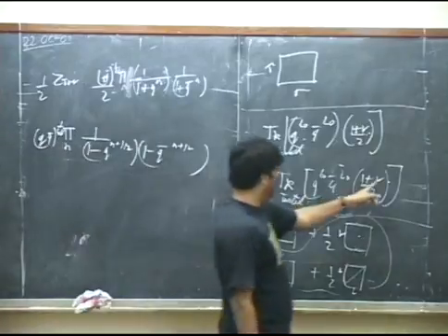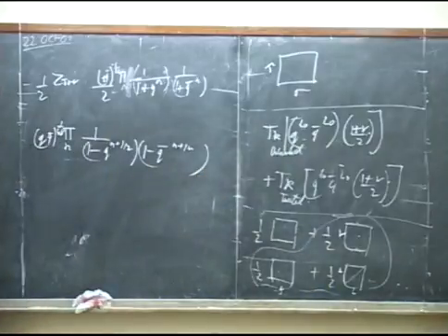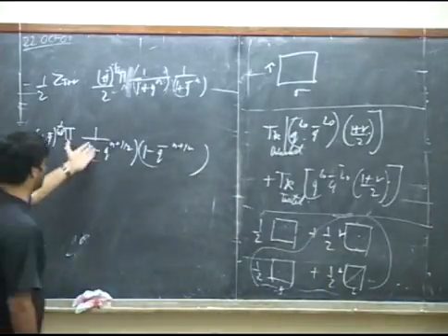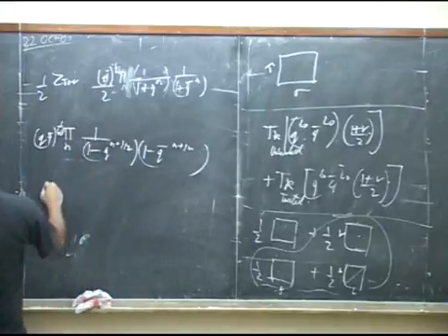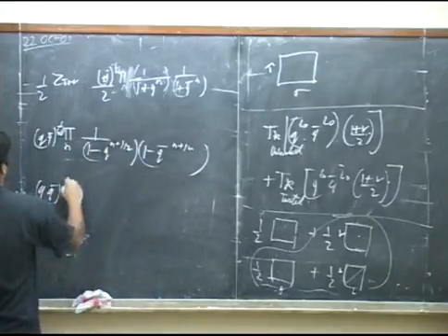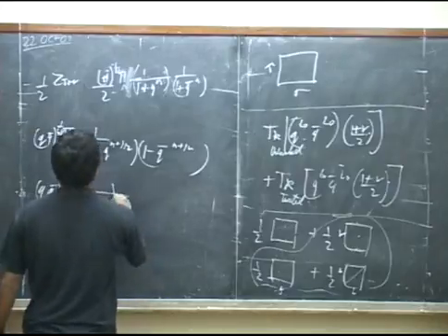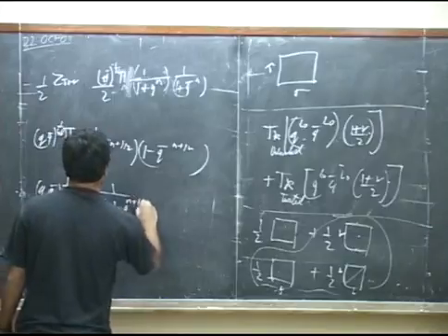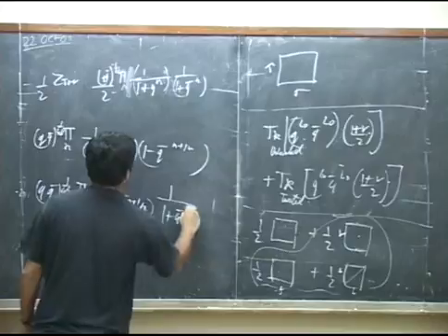And finally, there's this term. Okay? All is the same thing here, but with the minus signs on these oscillators. So we get q bar to the power 1 by 48, product over n, 1 over 1 plus q to the power n plus half.